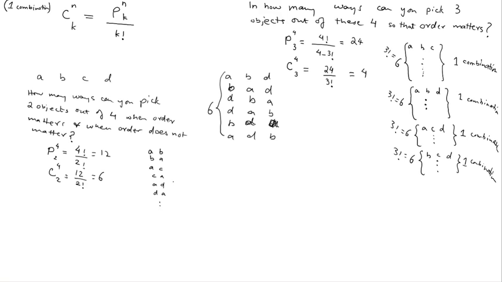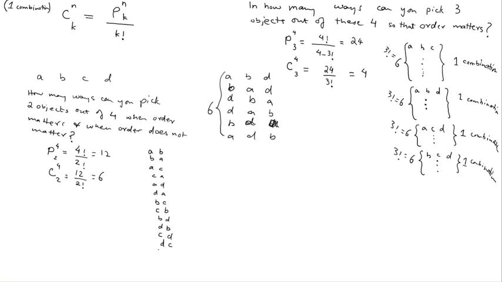Can I do BC and then CB, and then I can pick B and D, and then DB, then C, D and DC. How many are these? I hope they're not more than 12. 1, 2, 3, 4, 5, 6, 7, 8, 9, 10, 11, 12.